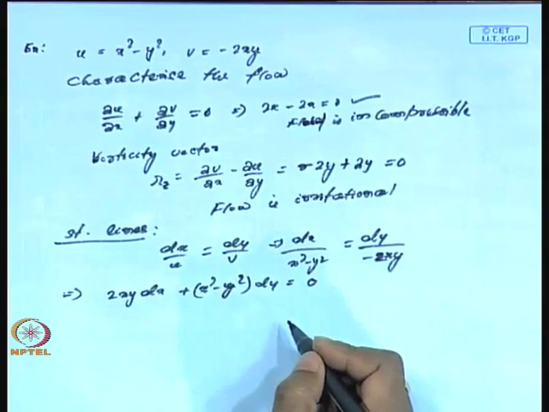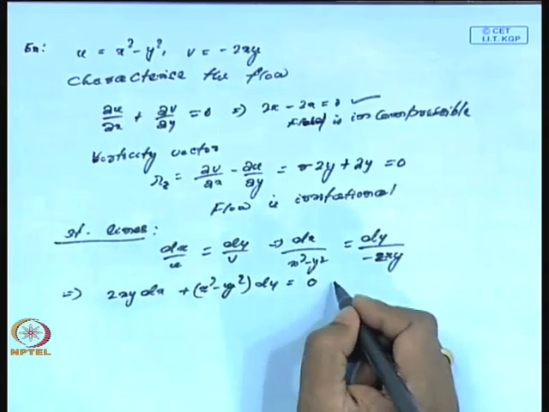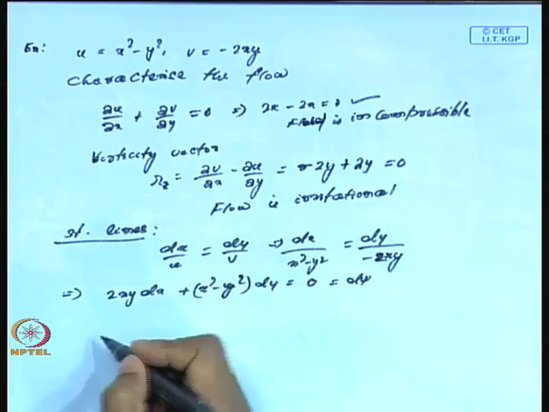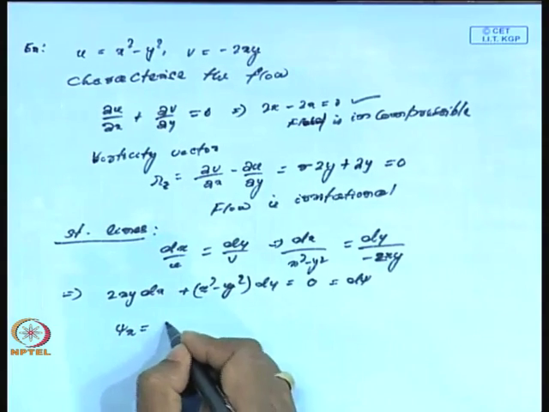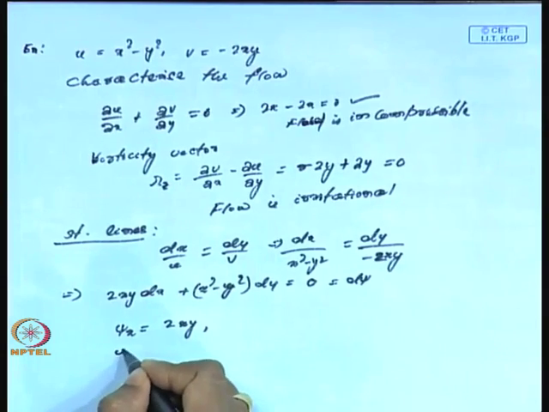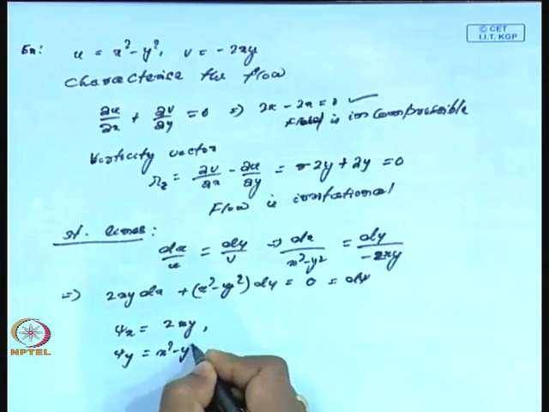Since we are looking for streamlines, if I call this d psi, then what will happen to my psi x? My psi x is 2xy and my psi y is x square minus y square.